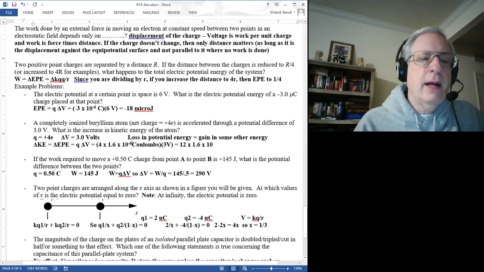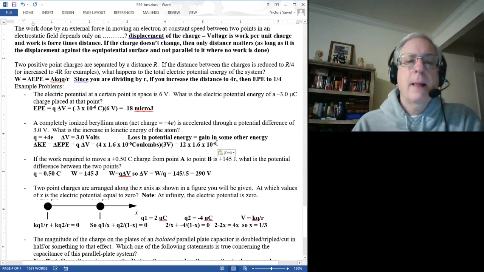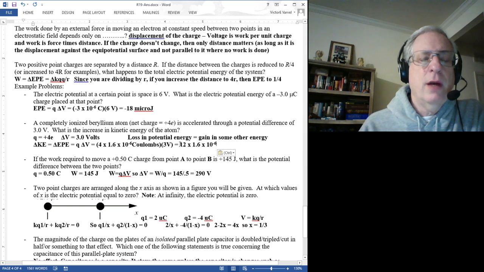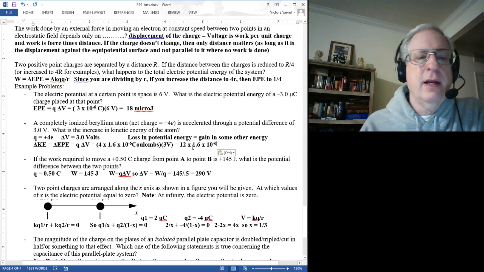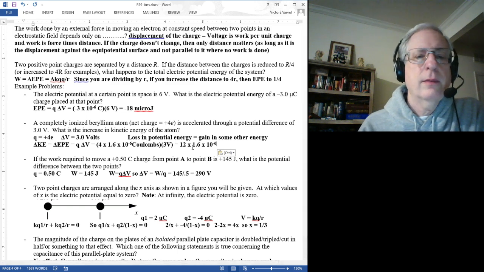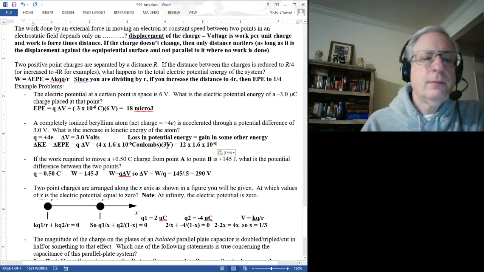So I didn't work that out properly when I was doing this before, but hopefully you're following along with me as I make these corrections. So that would give you your answer, whatever 12 times 1.6 times 10 to the -19 is, because you have your Q, your charge, and you have your volts.